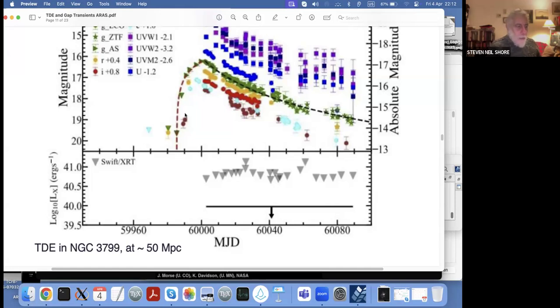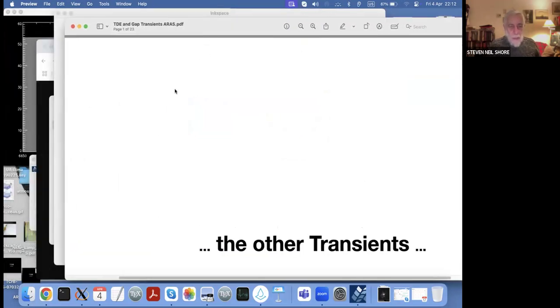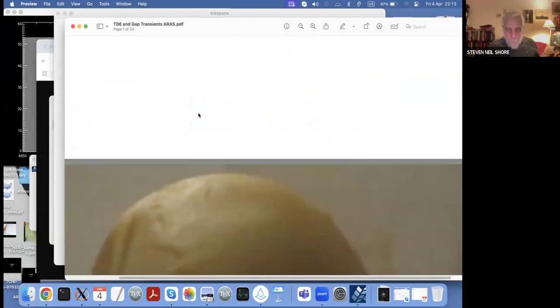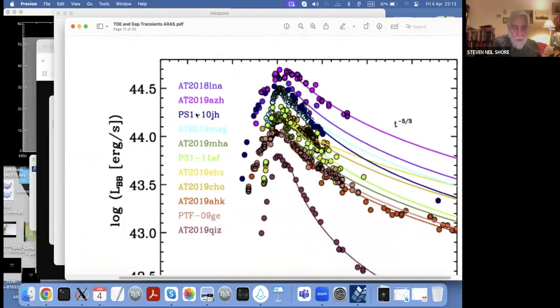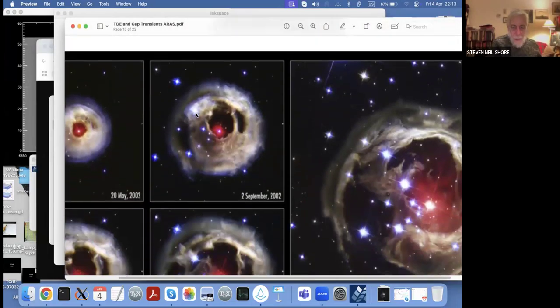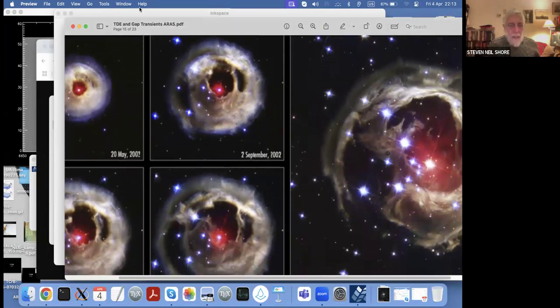V838 Mon, which is the one that was the poster child for an environmental light echo that everybody knows, that has the region around it that looks a little bit like something Hieronymus Bosch would have put in the sky.